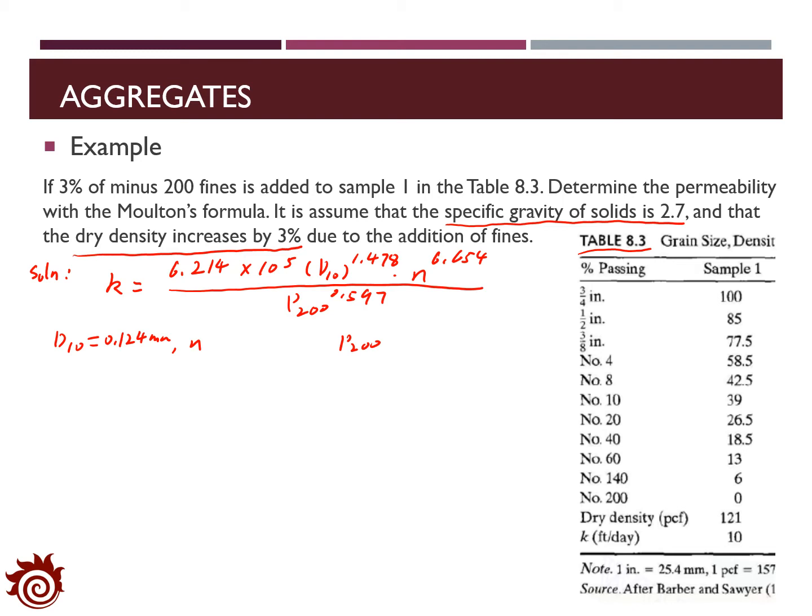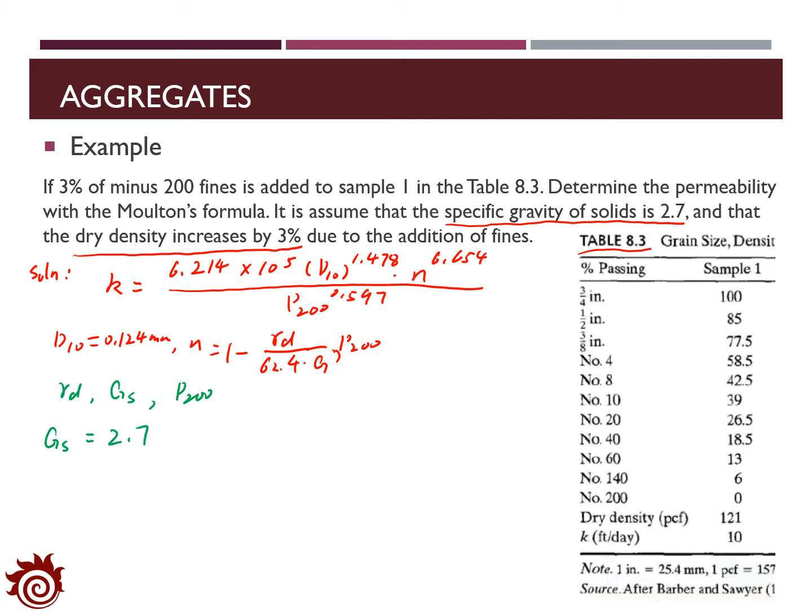Also, we know that n is 1 minus gamma D over 62.4 times GS. So here we need to get gamma D, GS, and P200. From the assumption, GS is 2.7, which is given.